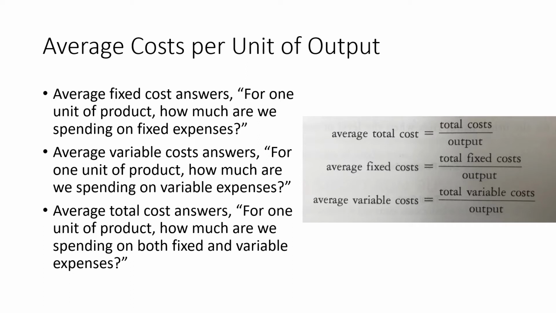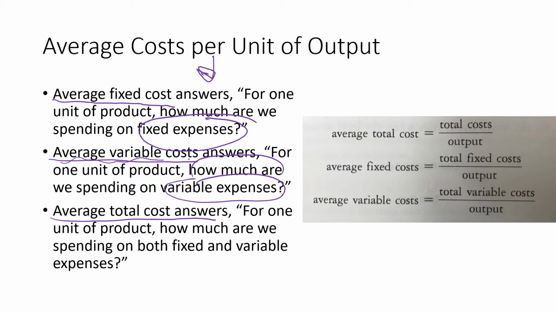So we can calculate average fixed cost, average variable cost, and average total cost. The questions that are answered when we're figuring out average fixed costs: for 1 unit of product, how much are we spending on fixed expenses? When we are calculating average variable costs: for 1 unit of product, how much are we spending on variable costs?